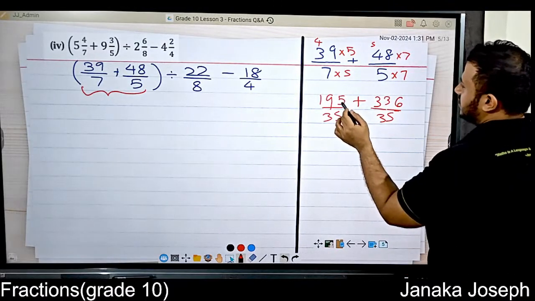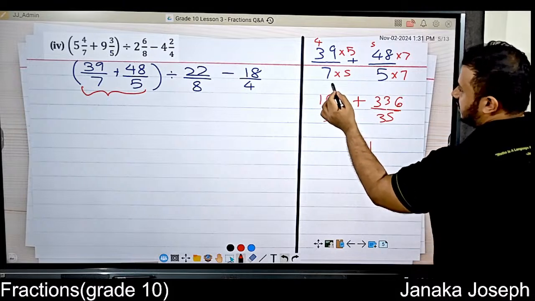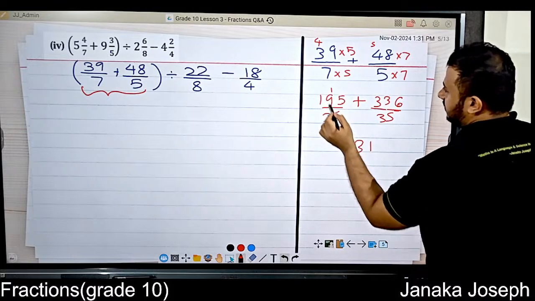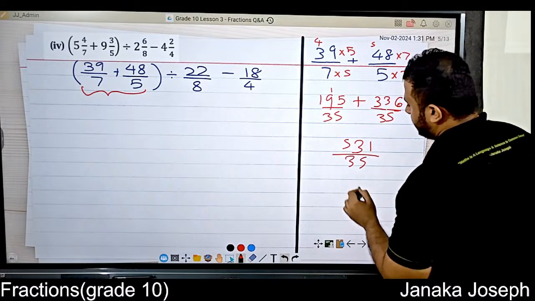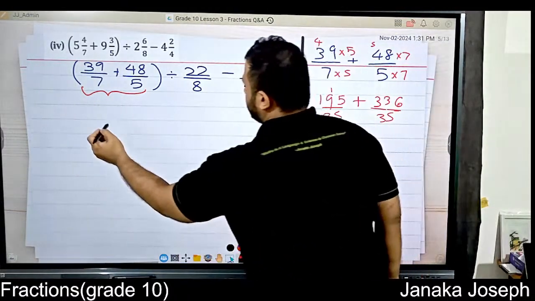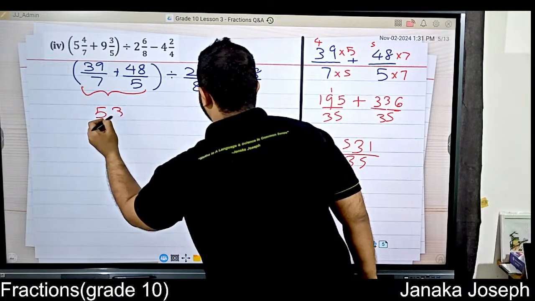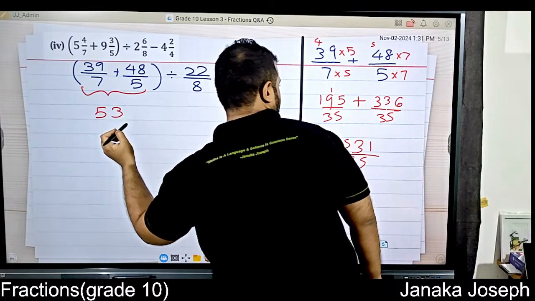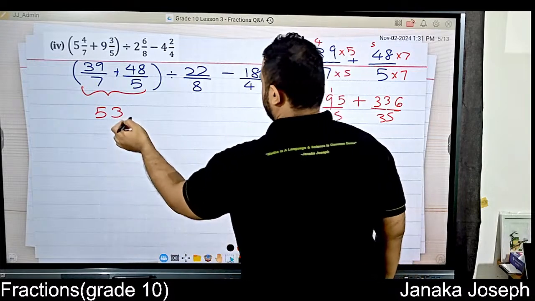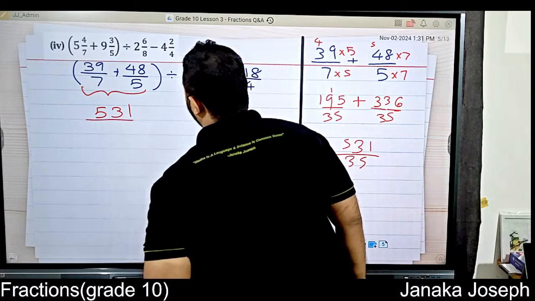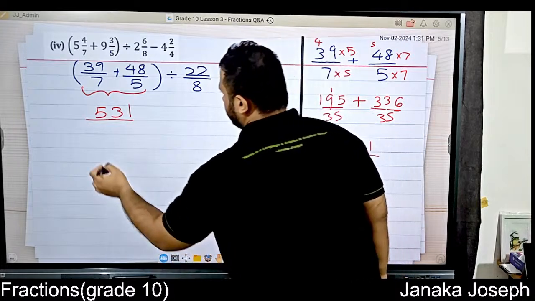Then when we do the addition, 5 and a 6, 11, 1 comes, and that's 13, 1 comes, and that's 5 out of 35. So we get 531 out of 35.